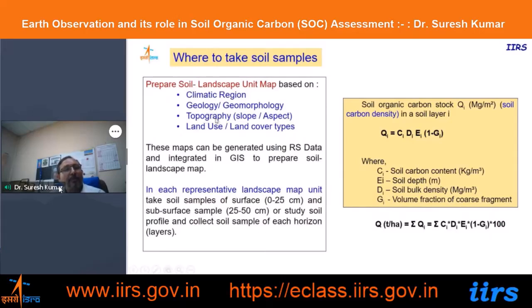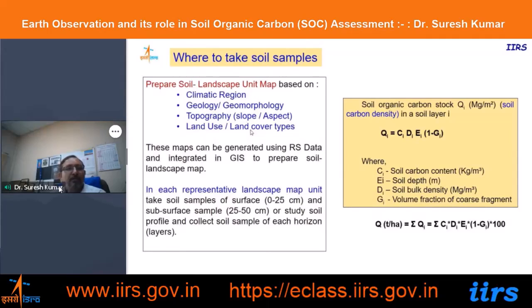Take the topography map or slope map, because if the slope is more, carbon storage will be less; if the slope is less, carbon storage will be more. You generate the slope map from a digital elevation model. You take the land use land cover map, because cropland and forest land will have different carbon stock.